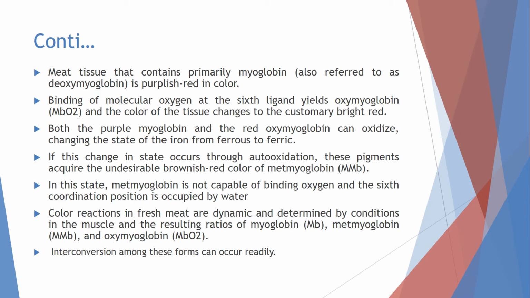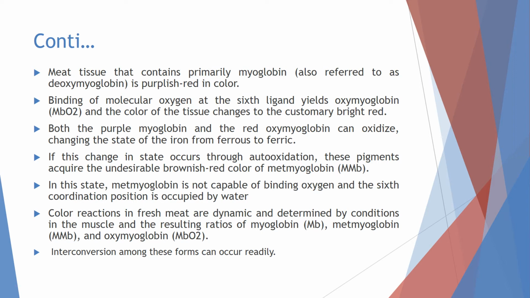Now, as discussed above, the color of myoglobin is purplish red, and when this myoglobin oxidizes, it converts to a brown red color pigment, that is metmyoglobin. And when there is oxygenation of myoglobin, it converts to oxymyoglobin, a bright red color pigment.